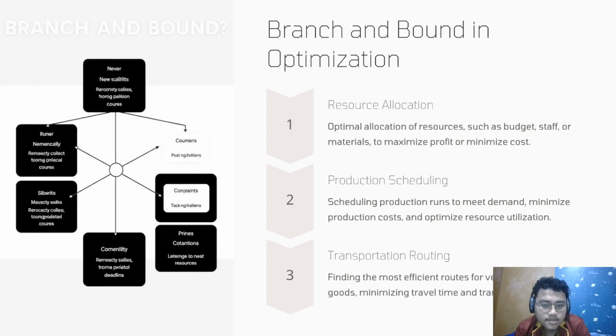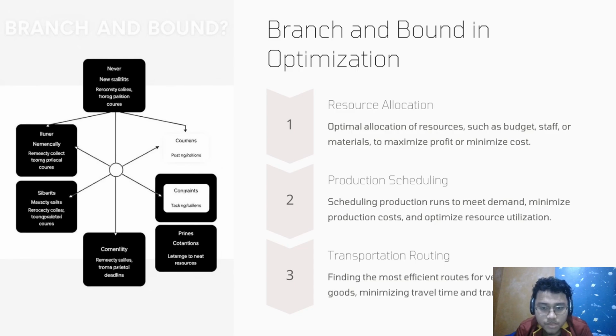Okay, the next slide is applications of branch and bound in optimization. Branch and bound is not just a theoretical concept, it has real-world applications across various industries. The first one is resource allocation, used in budgeting, workforce planning, and material distribution. It ensures that resources are allocated efficiently to maximize output. And then production scheduling.